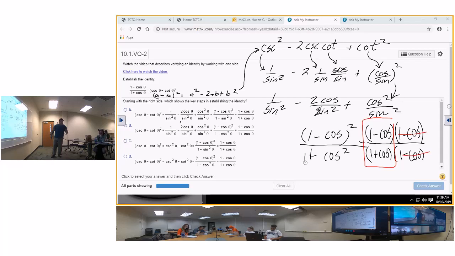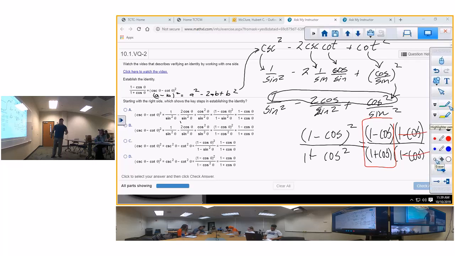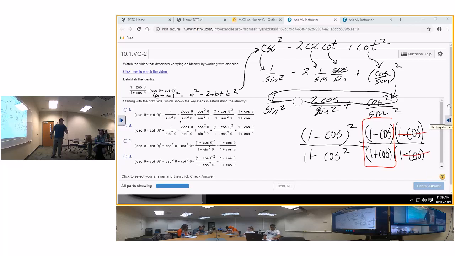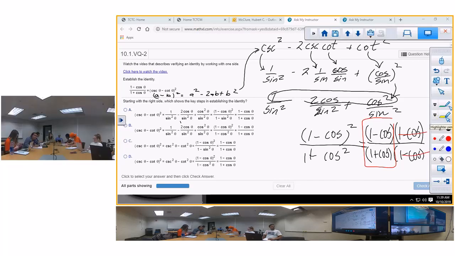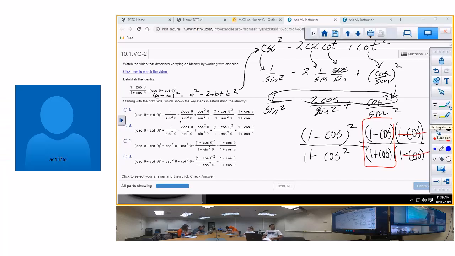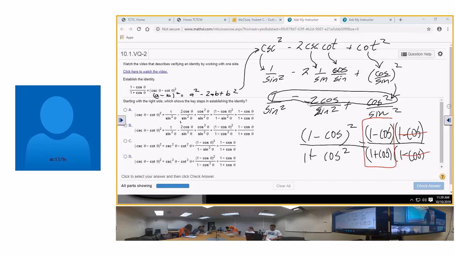Because what do you have right here? Oops, I forgot the negative. You have shortcut number 2. You have a squared minus 2ab plus b squared.